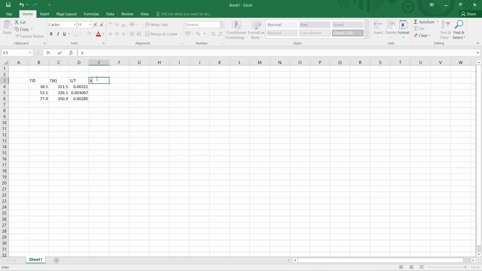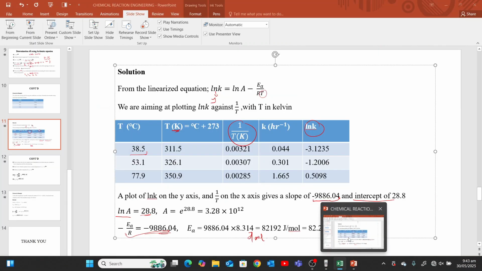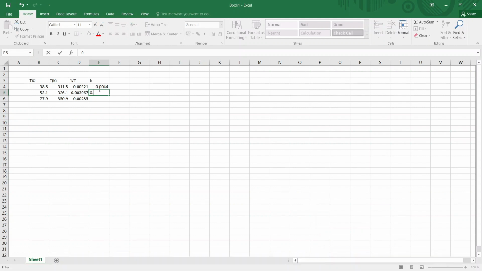And then our K values: 0.0044, 0.301. Let me check. Okay, so this is 0.0044, 0.301, remember, 1.665.